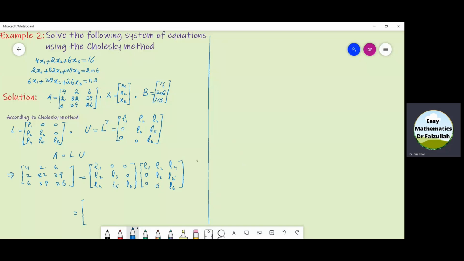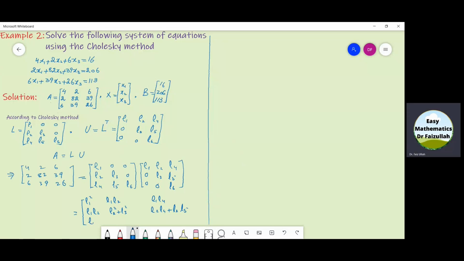So we have L1 square, and the next step we have L1 L2. Then we have L1 L4. And now we have again L1 L2. Here we have L2 square plus L3 square. And here L2 L4 plus L3 L5.